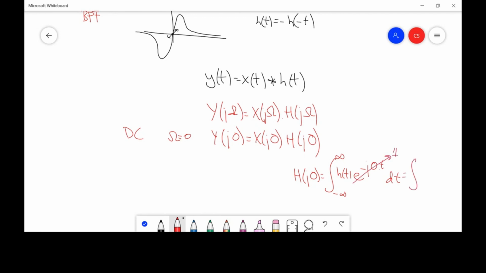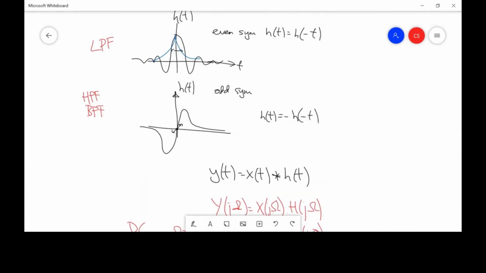This is just the area under the curve. And what is the area under the curve for this kind of signals? 0.